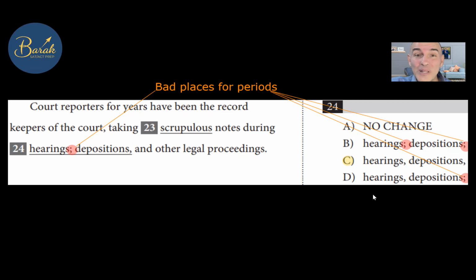In B, there are two terrible places for a period, and in D, there's a terrible place for a period as well. So the right answer has to be C. We're going to come back to this question later and look at why C is an excellent choice.